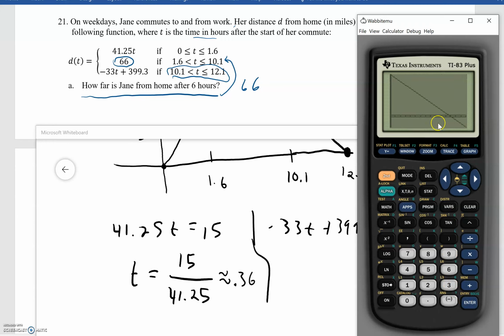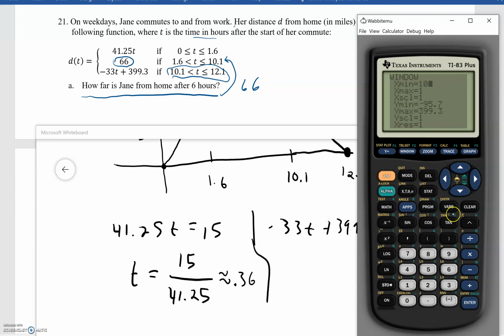Notice I didn't sweat the details too much on my domain, and I'm kind of paying for that now because my picture isn't the greatest. You see, my line is smashed up down here. So really, I should have reduced my window. I mean, we know it's over here actually, so we could have just done from 10 to 12, really. Let's do that.